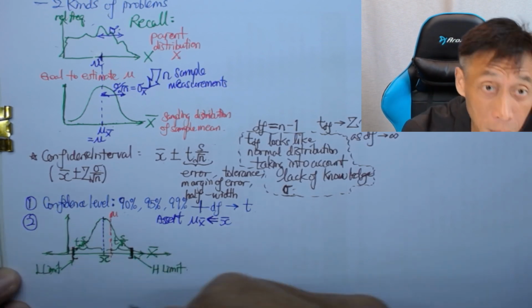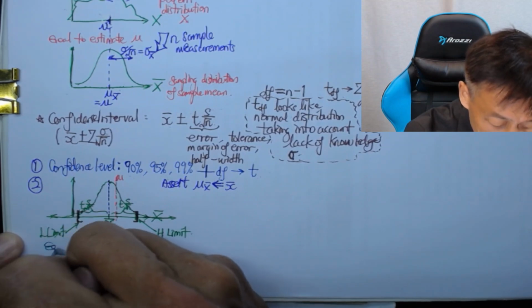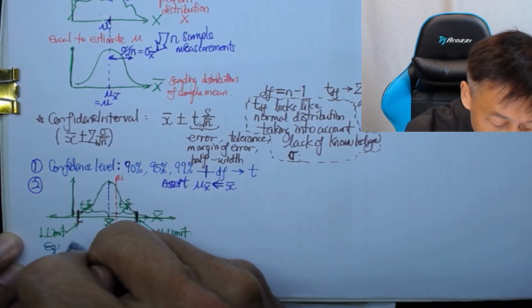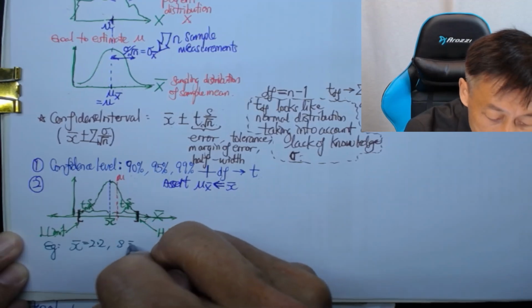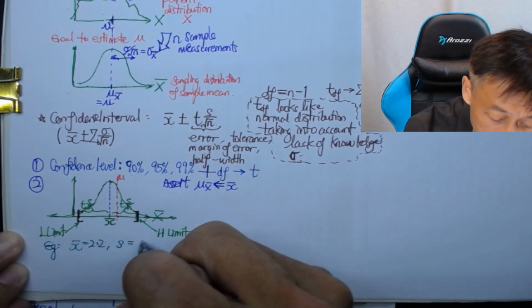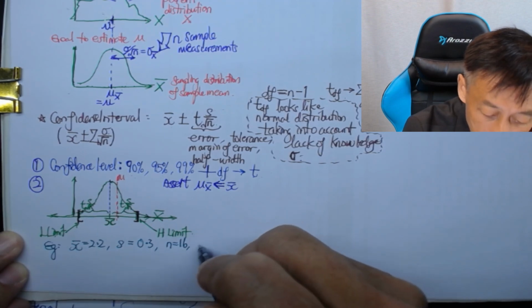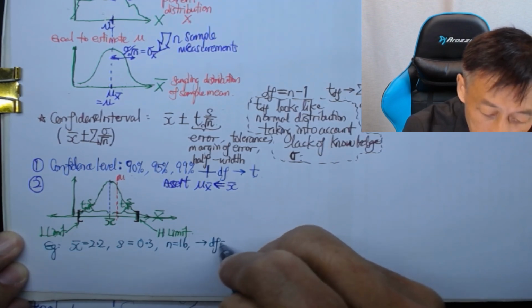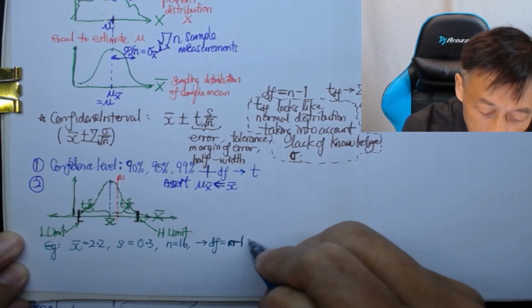Here's an example. Let's say x bar is 2.2, the sample standard deviation is 0.3, and our sample size is 16. So the degrees of freedom is n minus 1, and that's 15.